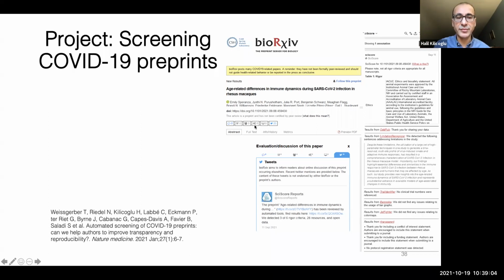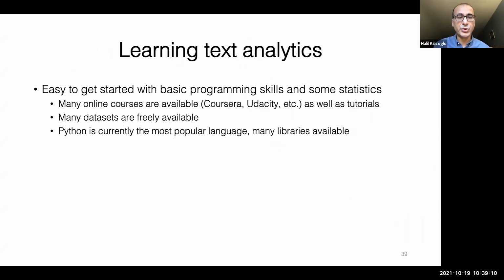And they're becoming part of an automated screening of these articles, which, as I said, do not go through peer review in the early stages, at least. So that's some of the things that I do in NLP and text analytics.